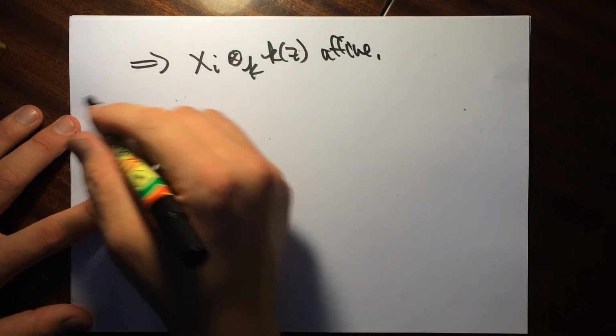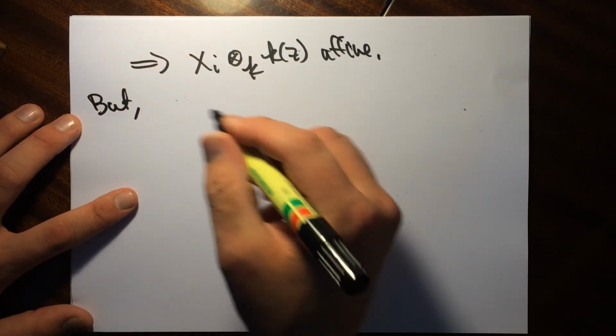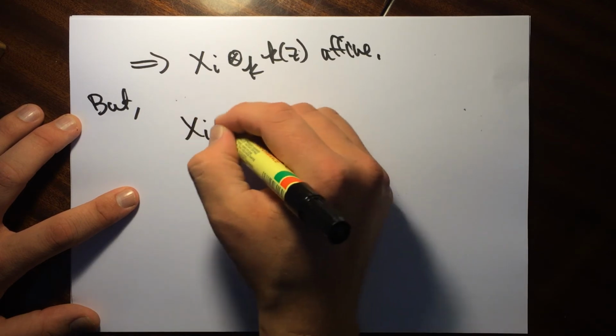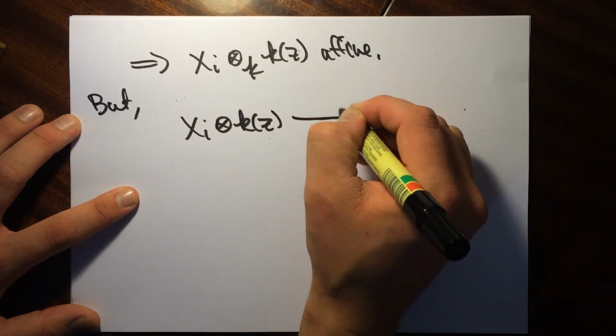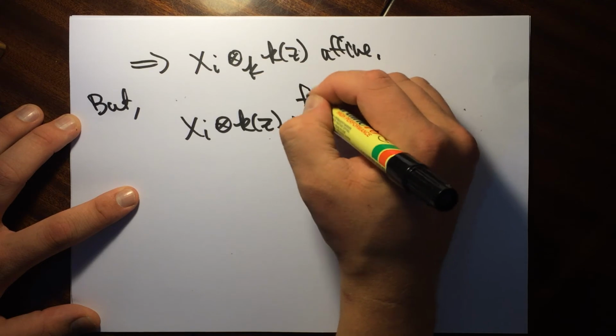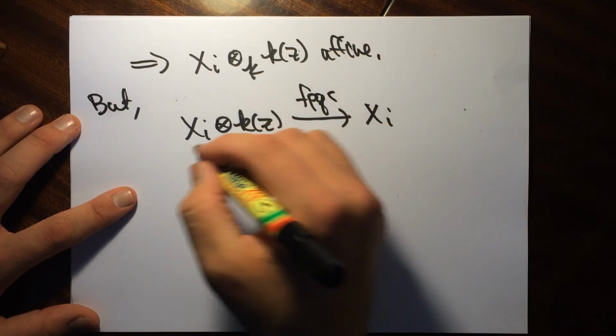But notice this thing here, xi base change to this residue field, is an FPQC cover, and this is affine.